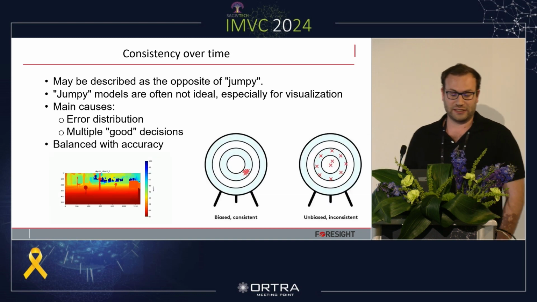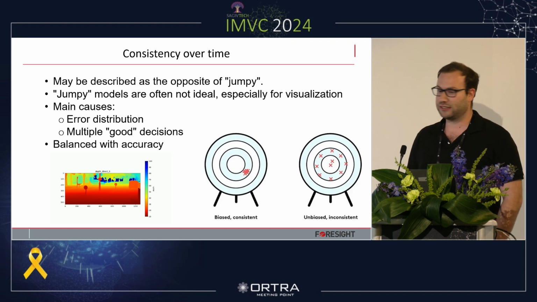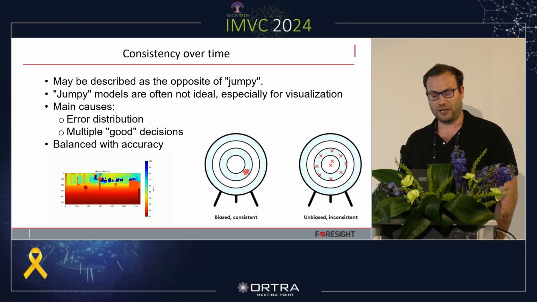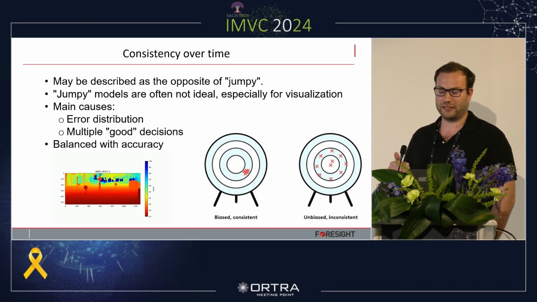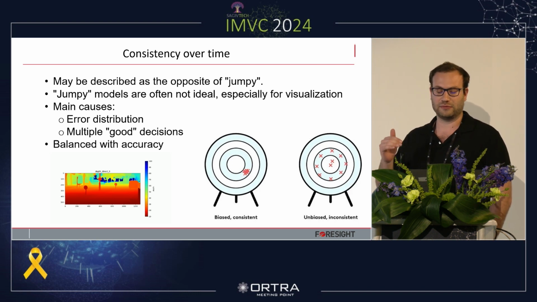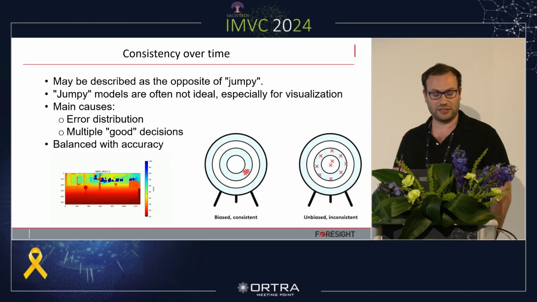So one of the difficulties when doing something like this is consistency over time. Even relatively accurate results can have some sort of error distribution, and when seeing the results over time, they can seem to jitter up and down, and they can seem to jump between decent solutions.